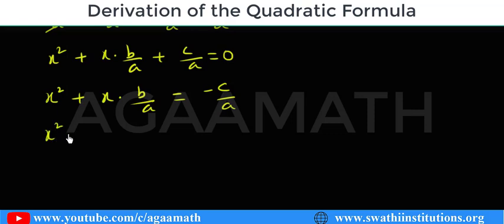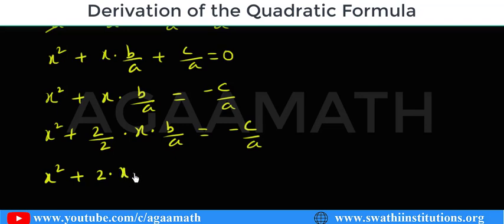That is a square plus 2 by 2, multiplying and dividing with 2, so it doesn't affect the equation, equals minus c by a. So this can be written as a square plus 2ab, equals minus c by a, right?